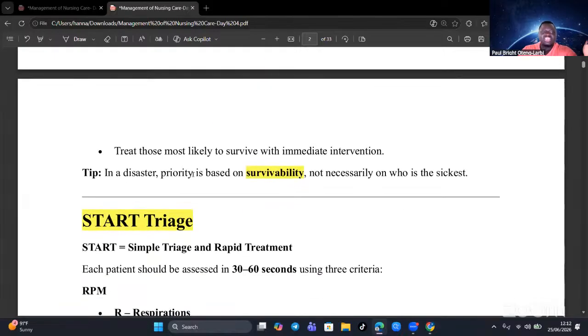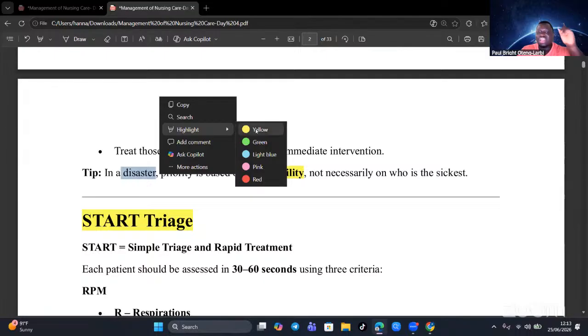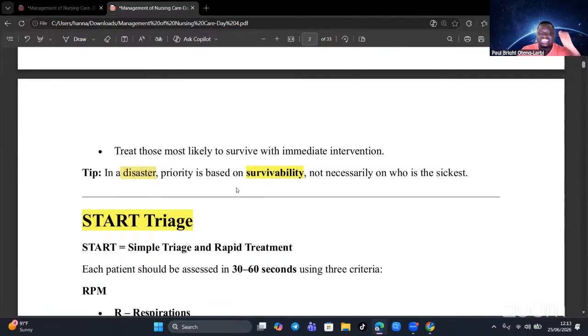Treat those most likely to survive with immediate intervention. The pearl says that in disaster, priority is based on survivability, not necessarily on who is the sickest. Take notes.